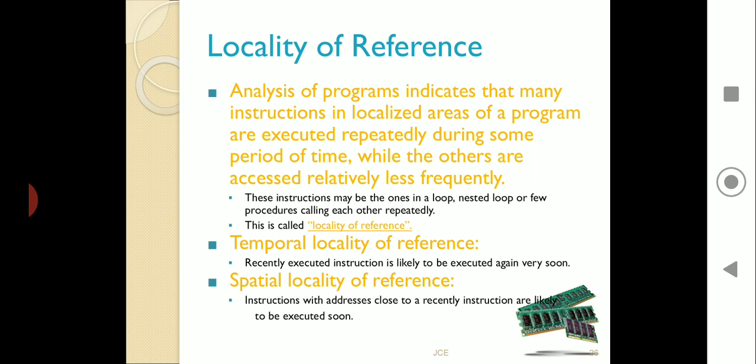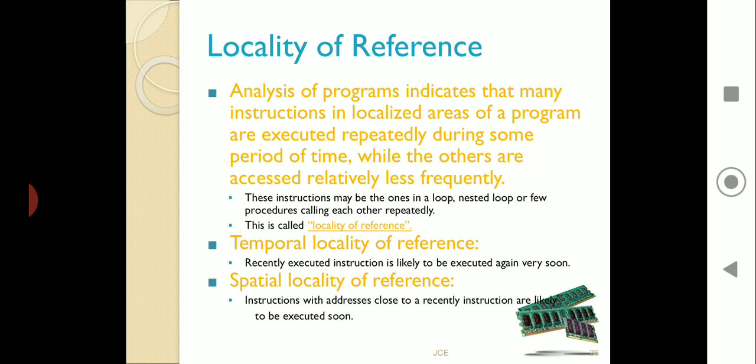Next comes spatial reference. When we speak of spatial reference, it means the memory locations which are close to the referenced memory locations. For example, I am taking the data at 2000. Then in spatial locality, you will also take the data at 2001 and 1999. That is, you take the memory locations close to the referenced memory.